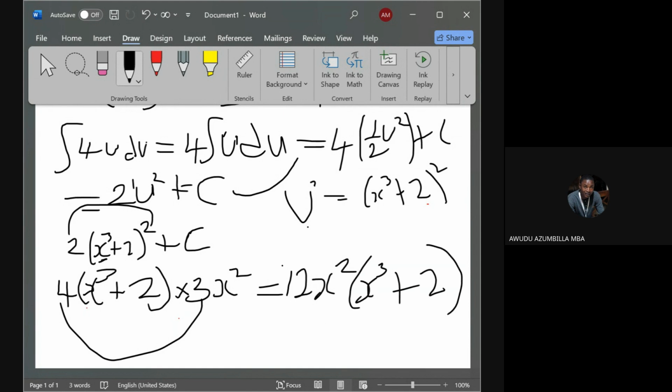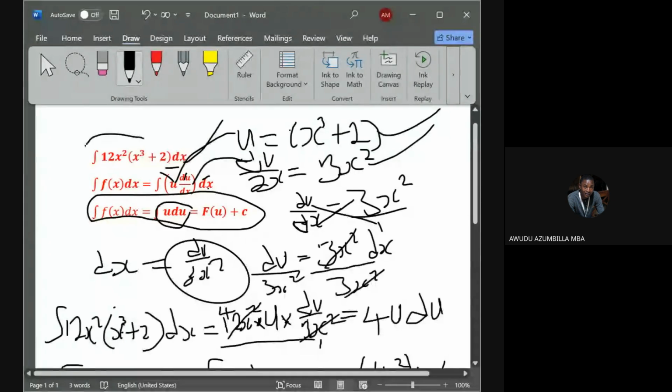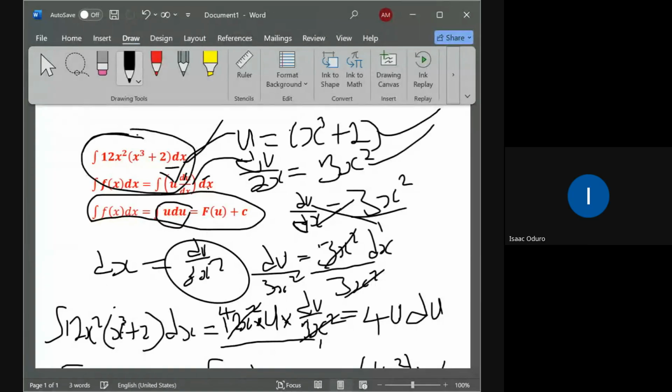Let's compare this to our formula and see. The original function given here. You see that they are the same. Okay, the same thing. Yes.